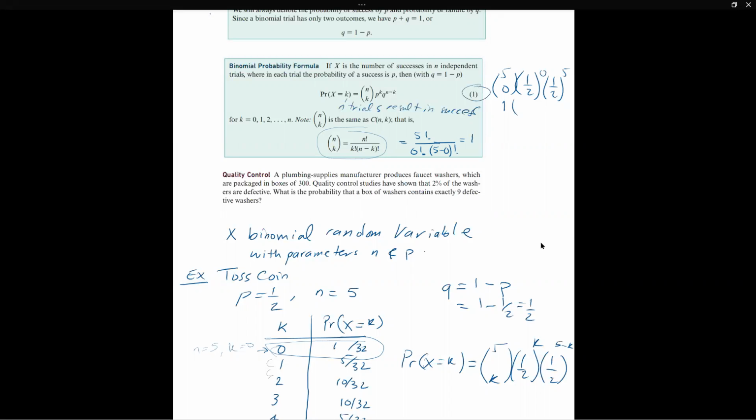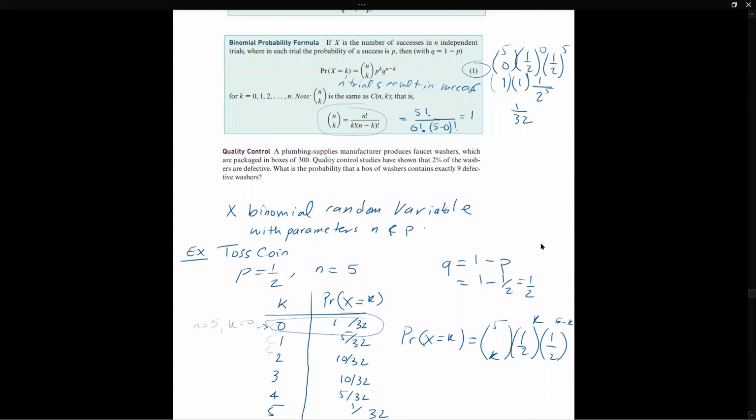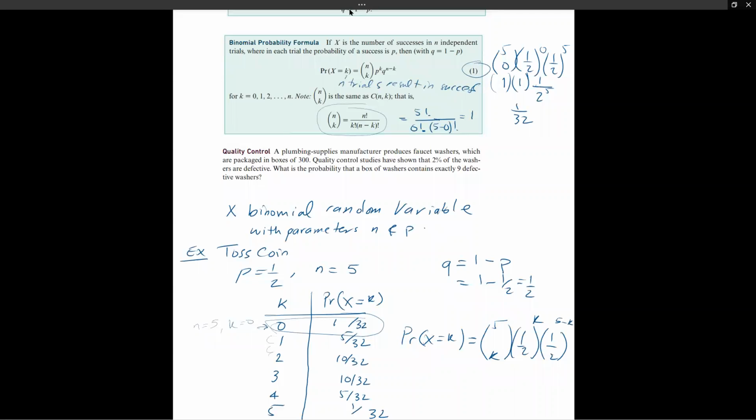So this is 1. Then 1/2 to the 0 is going to be 1, and we have 1 over 2 to the 5th, because 1 to the 5th is just 1. And so we have 1 over 32. Okay, so that's the first one. Let me show you the second one.